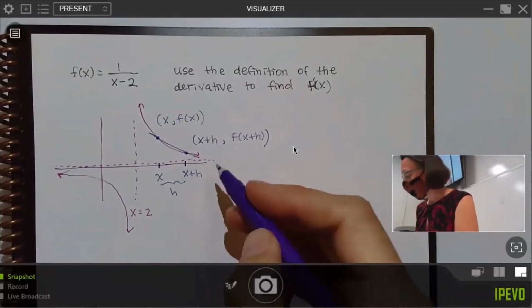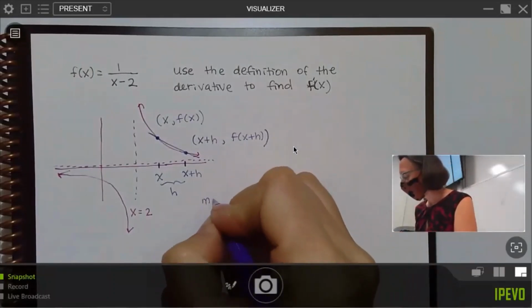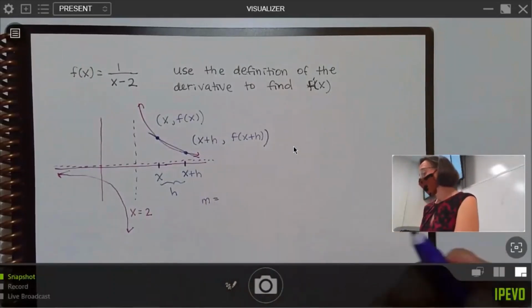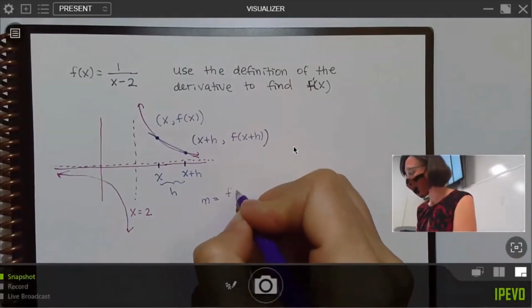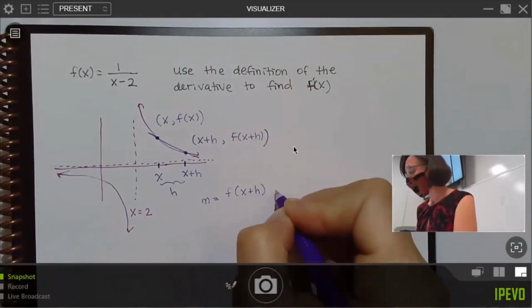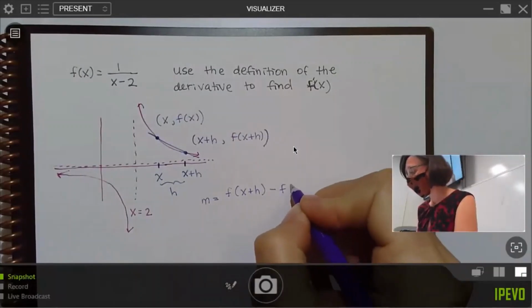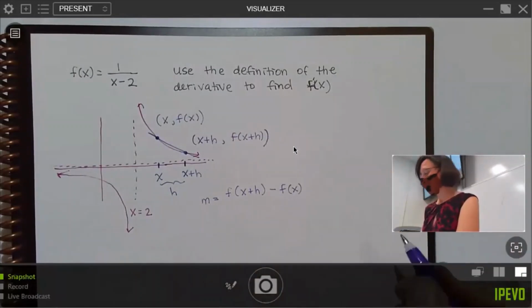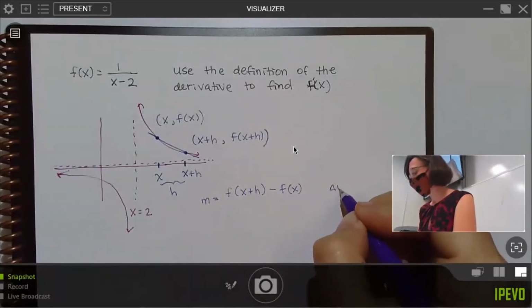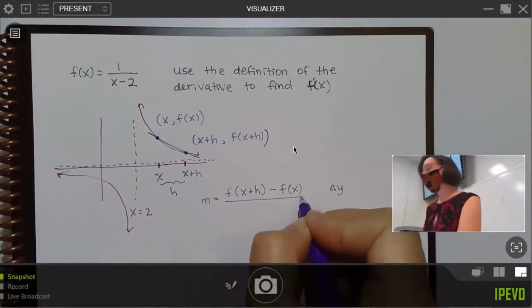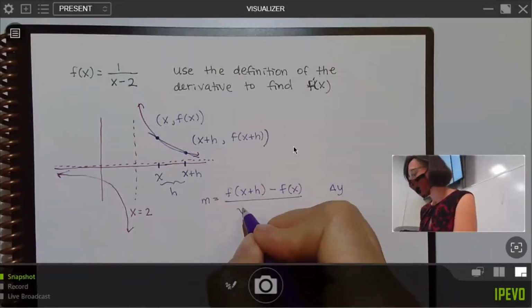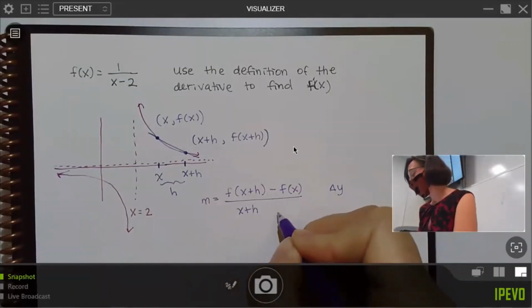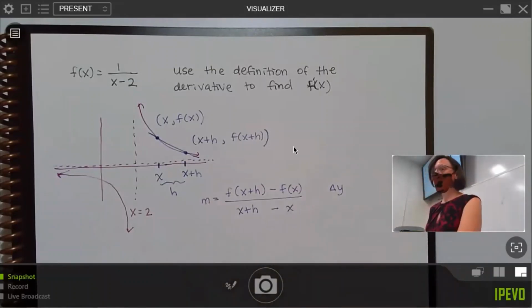So generically, I'm going to do it the same way. I'm going to look at my change in y, so f of x plus h minus f of x, over my change in x. Well, the change in x, I went from x plus h back to x.